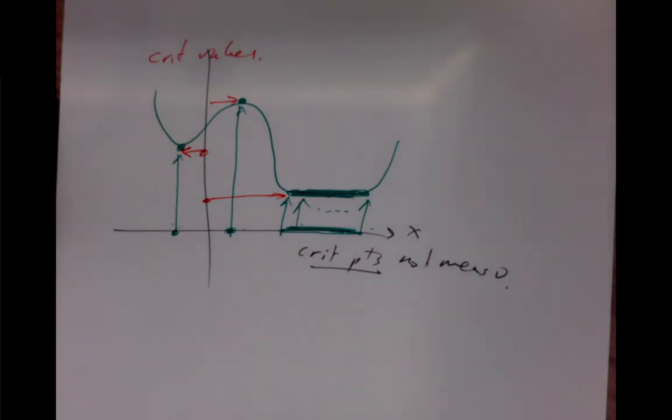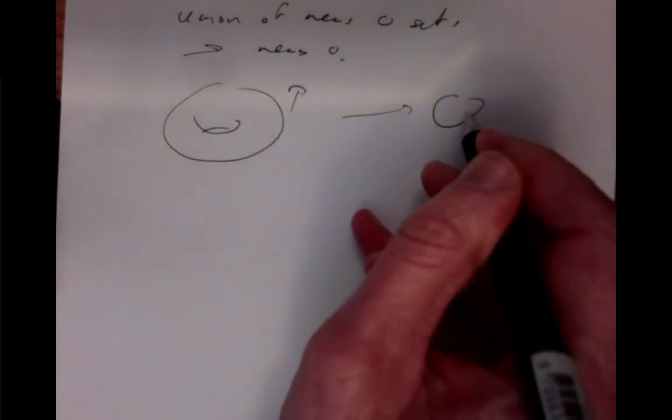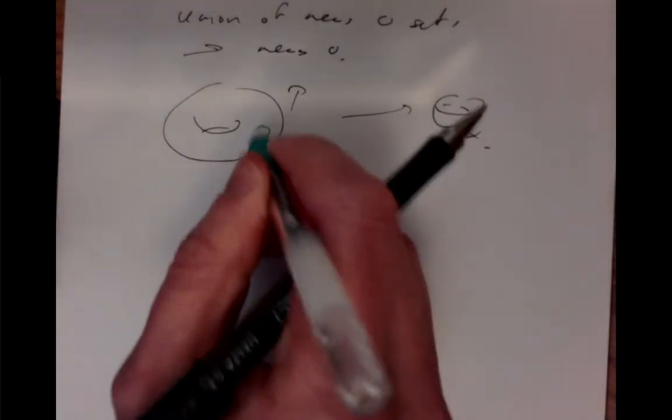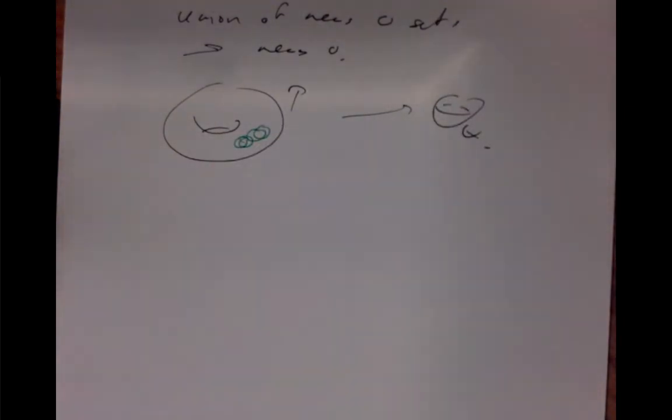And let's see if we can get into the proof of Sard's theorem. The first observation we want to make about this problem is that since we said that a union of measure zero sets is measure zero, if we have a map from some P to some Q, we only need to cover it in countably many little charts, and we can then look at each chart independently and see what happens with the critical points and the critical values.